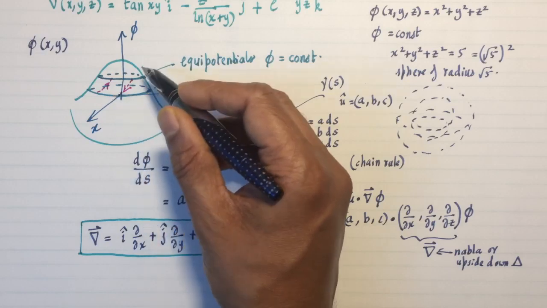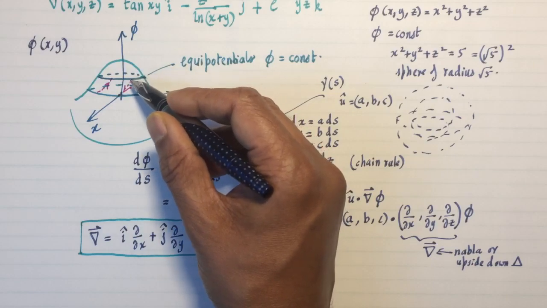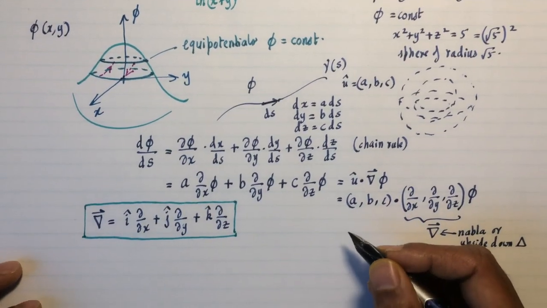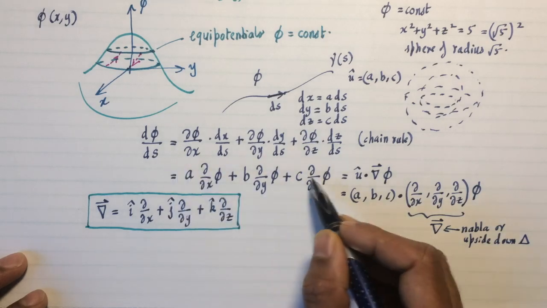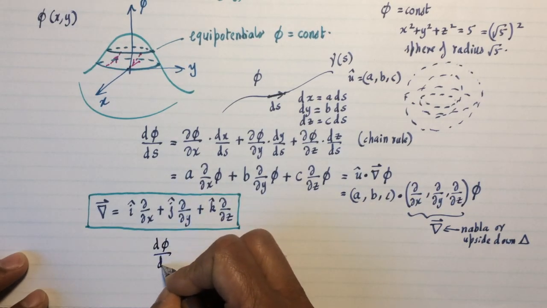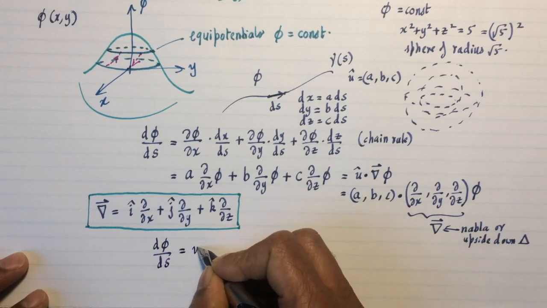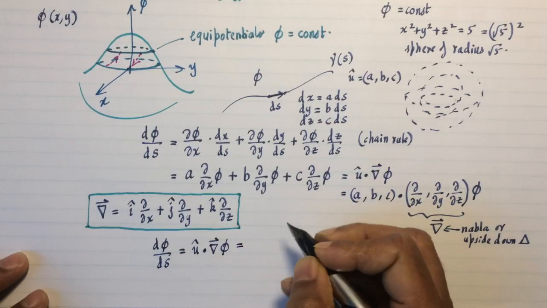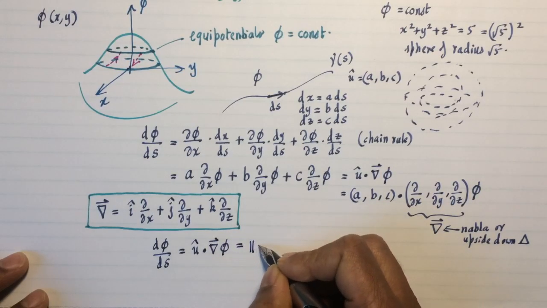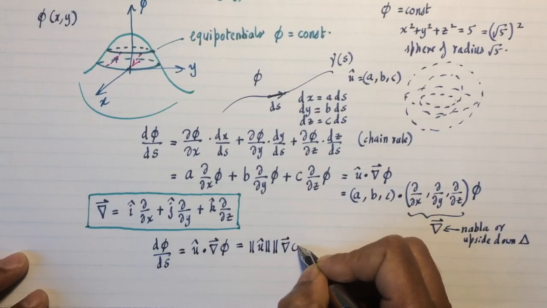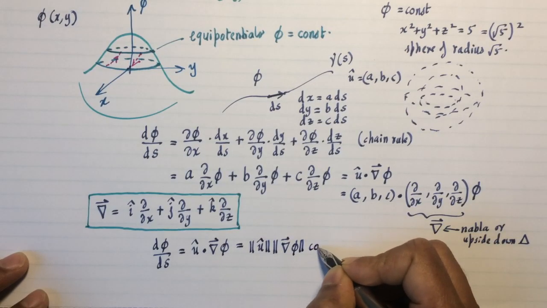So if you're Jack or Jill that tumble down the hill, it's taking you down the quickest route or the steepest descent. And this can be found because from this very expression that I wrote here, if I write d phi by ds, once again, as u dot the gradient of phi, I can always write this as the dot product. So that's the unit vector u times the magnitude of the gradient of phi times cosine of theta.